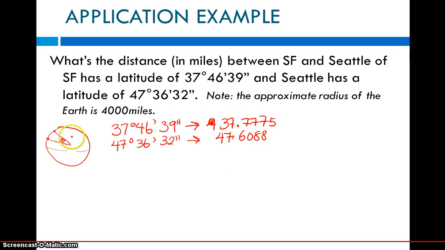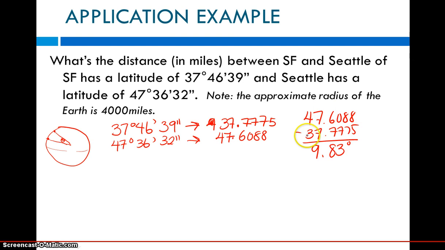So we need to subtract to see what the difference is between them to find that central angle. So let's go ahead and subtract them. 47.6088 minus 37.7775. Okay, and then I'm going to do some rounding. When we subtract, we get 9.83 degrees.